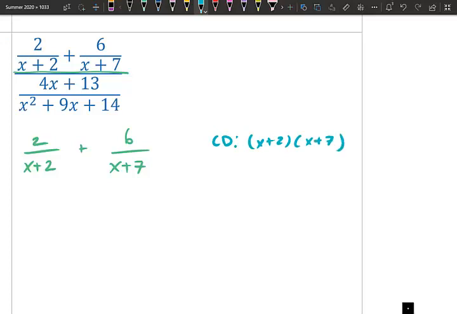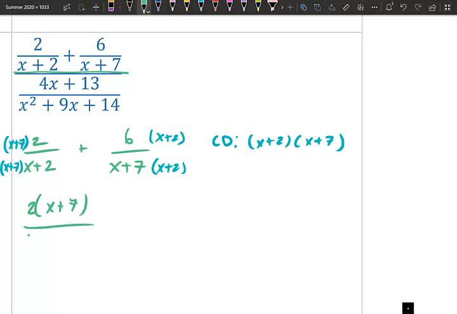Here we're missing x plus 7, and on the right, we're missing x plus 2. So on top, we have 2 times x plus 7 over our denominator, then plus 6 times x plus 2 over our denominator.